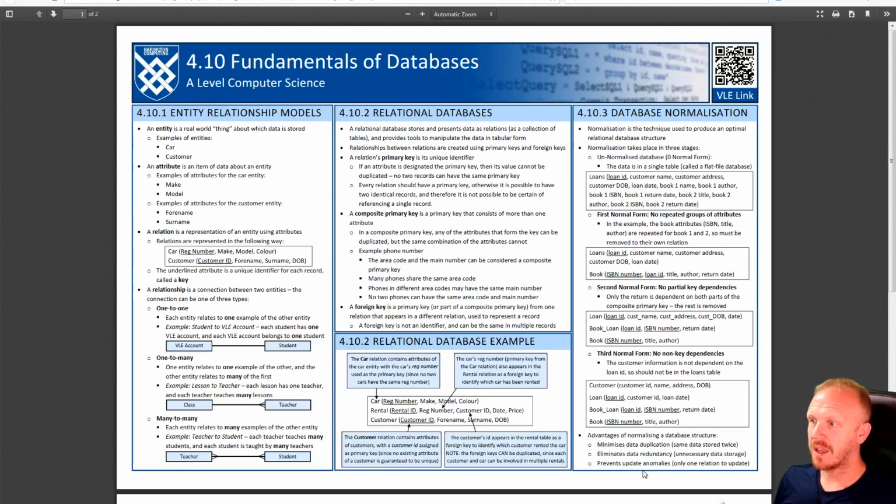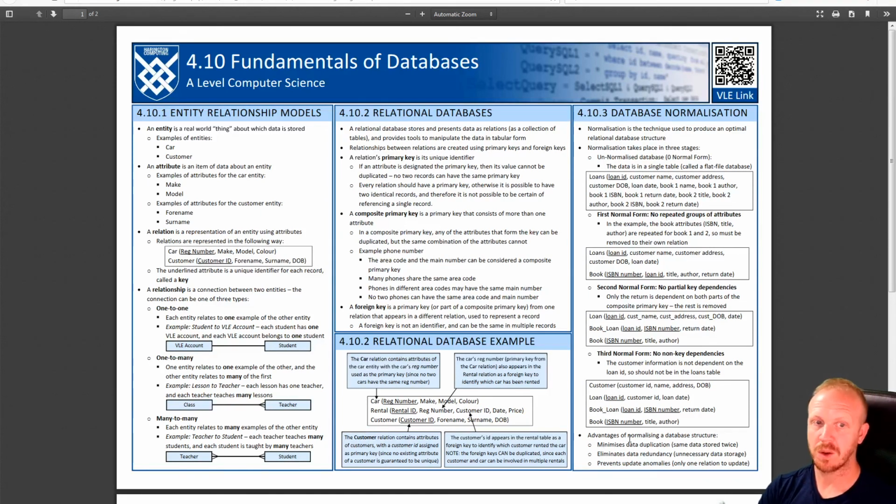In other words, if you have to update someone's address, you don't accidentally update their address in one record and leave it what it was in another record, which can happen if we've got data redundancy. So that's sometimes accepted as well. So you've got your definition of first normal form, no repeated groups of attributes, definition of second normal form, no partial key dependencies, definition of third normal form, no non-key dependencies, and the advantages. Ultimately, that's the stuff you need to know for this.